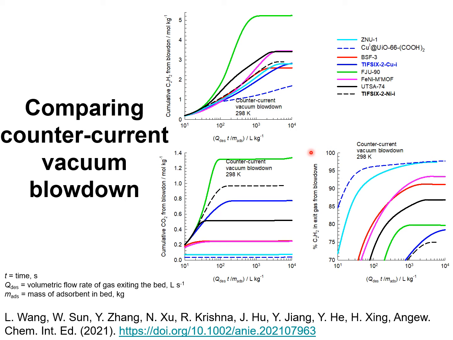The purity of the desired product, C2H2, is plotted against the effective time, and we note the highest purities of about 97% are realized by the MOFs that practically reject CO2 into the gas phase. Whereas the product purity with the FJU90, for example, is only 80%, far lower than the desired high purity requirements of industry.